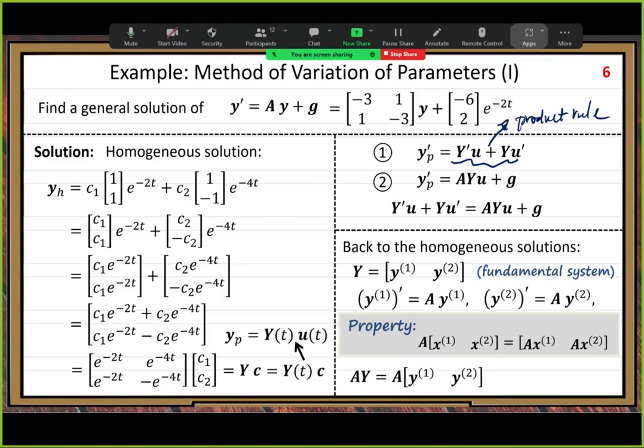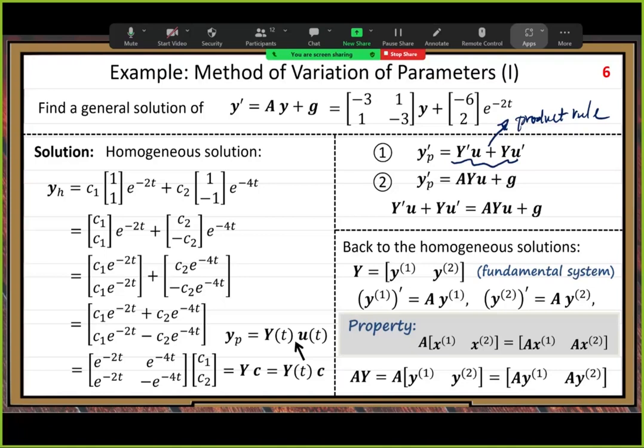Because A times Y, you write Y in its two vectors, then you apply this property. You get A times y sup 1, A times y sup 2, these two vectors. That's AY. I hope you can follow. Then we look at the derivative part.